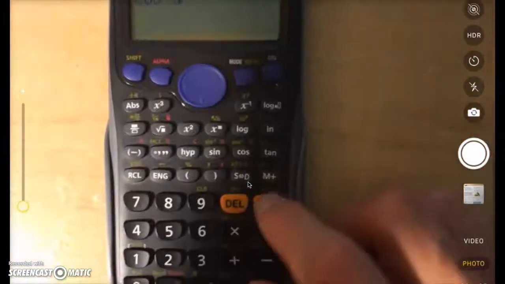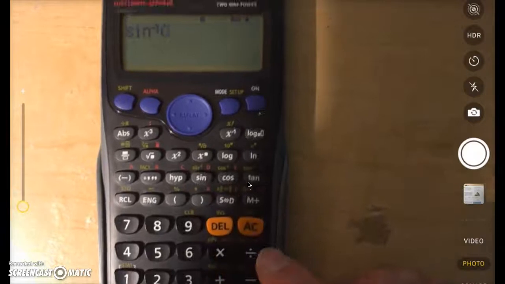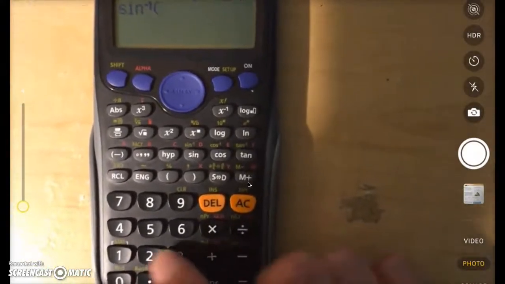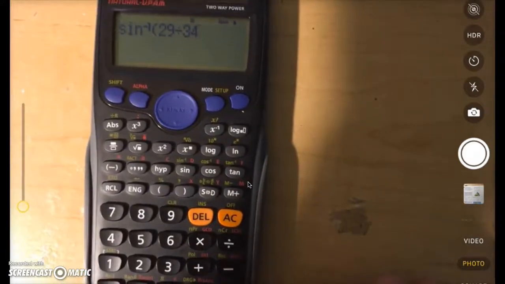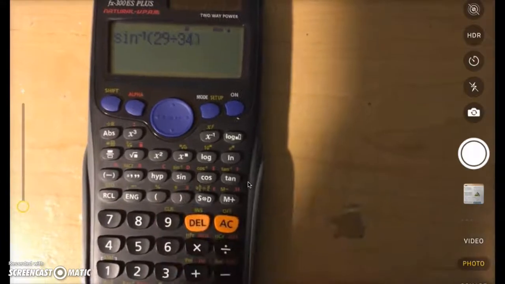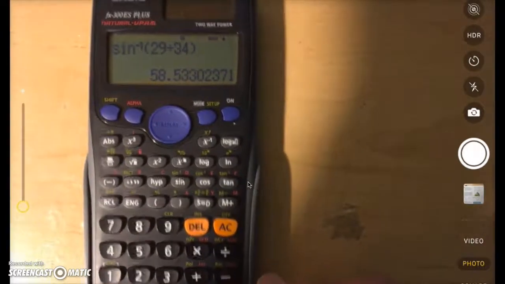Clear this. Shift or second, inverse sine, and my ratio was 29 divided by 34. You can put an end parenthesis here if you want, but you don't have to. And it should be about 58.5 degrees.